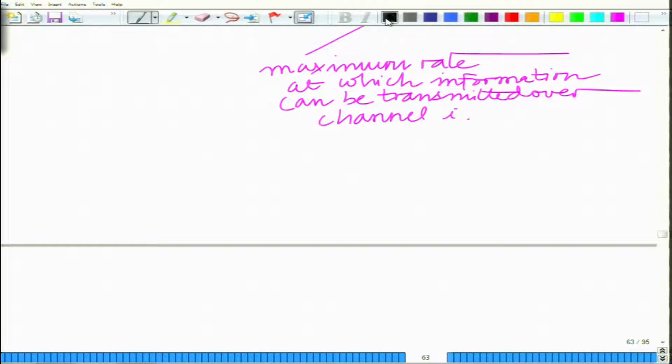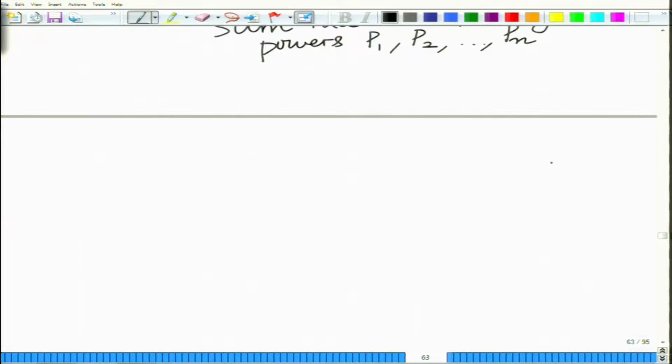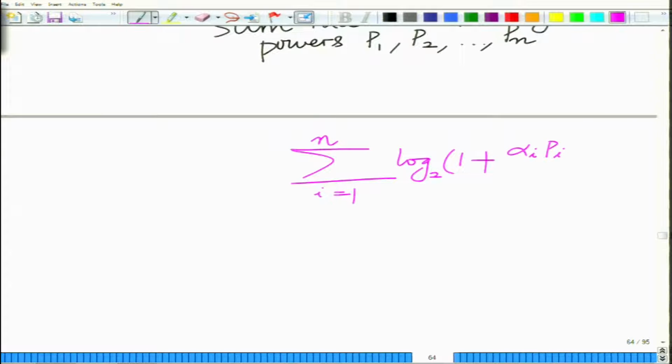So, the maximum sum rate corresponding to this power allocation, corresponding to powers P1, P2, Pn, will be given as the sum of the individual rates, sum i equals 1 to n log to the base 2 of 1 plus alpha i P i divided by sigma square.